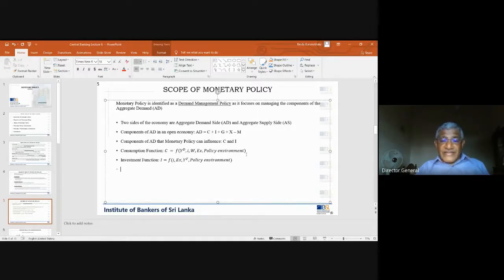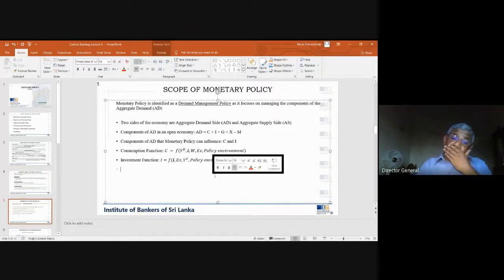Among all these things, I am going to isolate this single variable, interest rate. Before going there, we can ask a question.